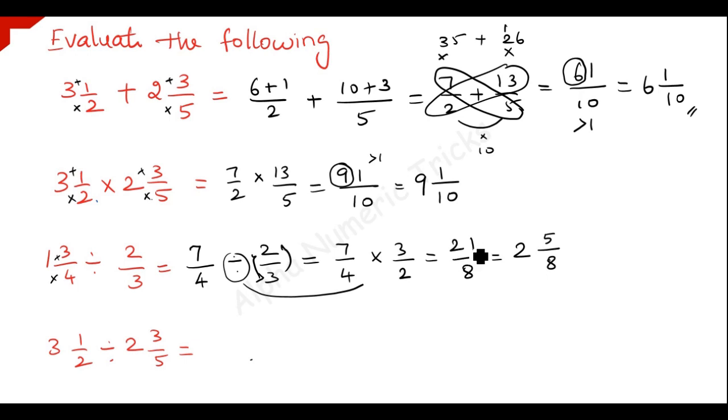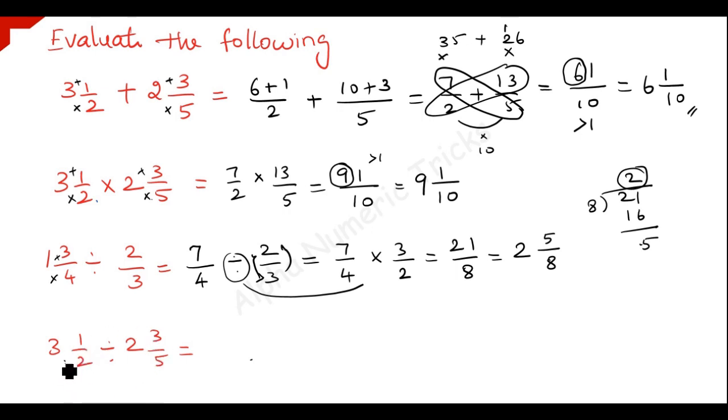Like that you have to write it, that is you have 21 and 8, 2 times 8 is 16, 3 times 8 is 24, so you have to take 2 times 8 is 16, remaining you have 5, so you write 2 and 5 over 8. Okay, and in the same way we do this one.